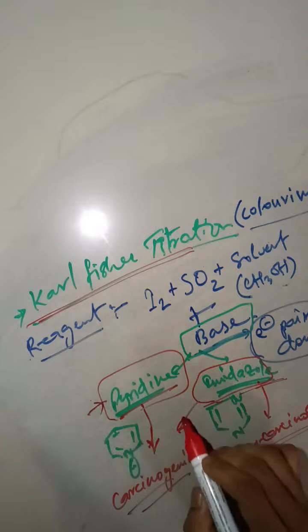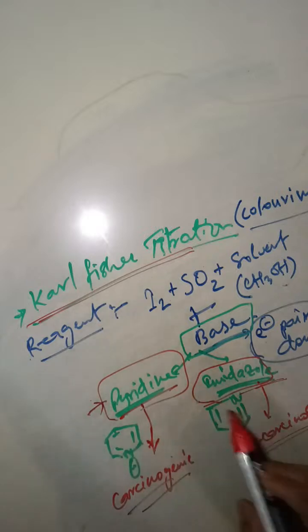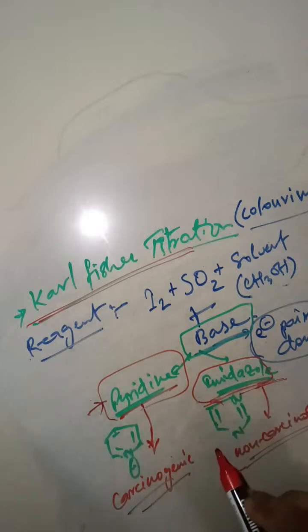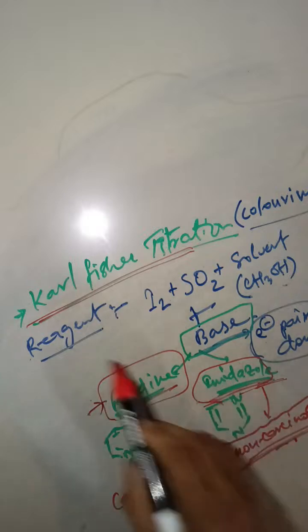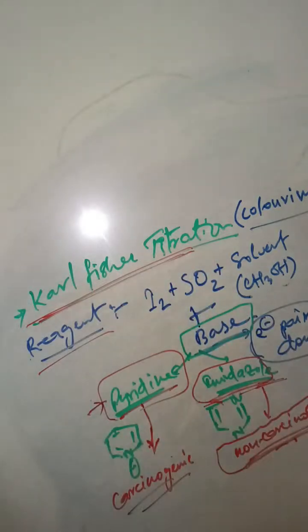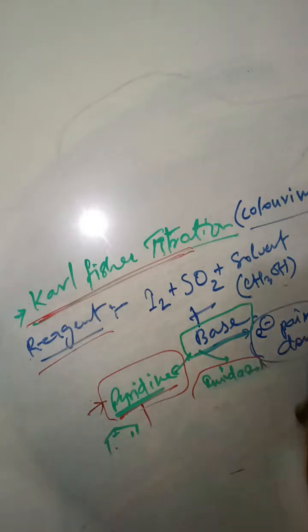It is false. The truth is imidazole is a non-carcinogenic base which is used as a reagent in the Carl Fischer titration. Next question, what are the reagents used? Iodine, sulfur dioxide, solvent and base.